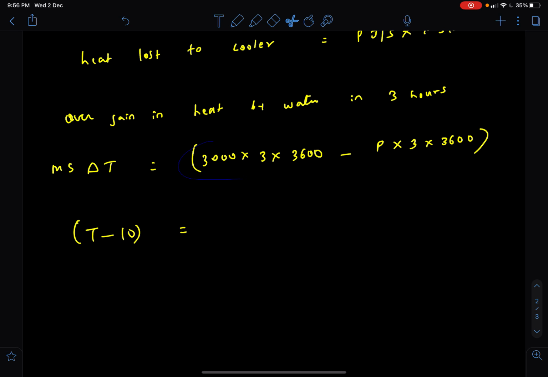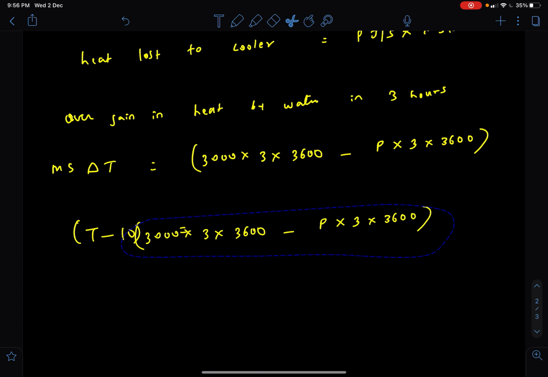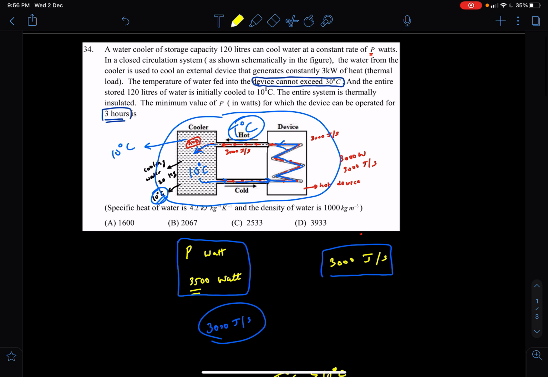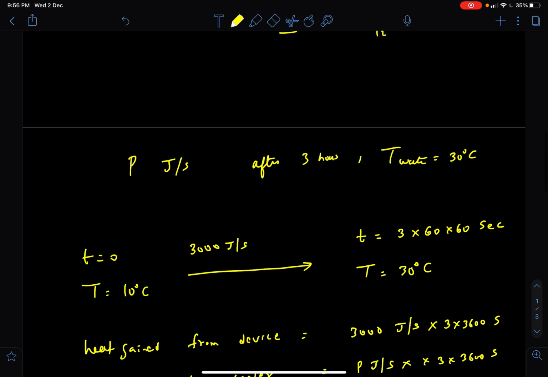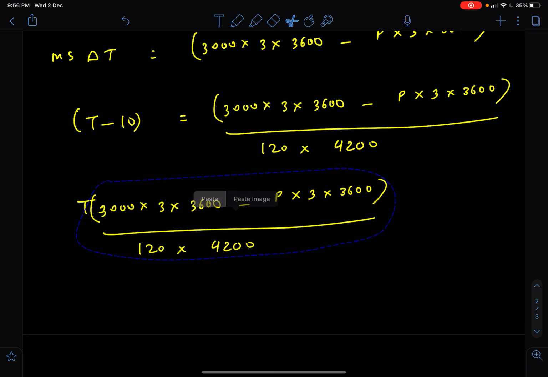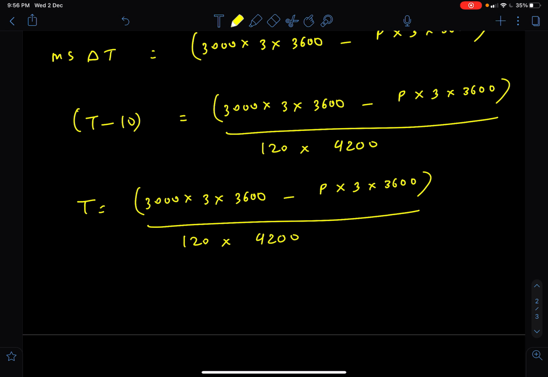So just copy this, and mass is 120 kg. Specific heat capacity is, I think, given in the question to be 4.2 kilojoule, so 4200. So the temperature at the end of 3 hours will be equal to this plus 10.